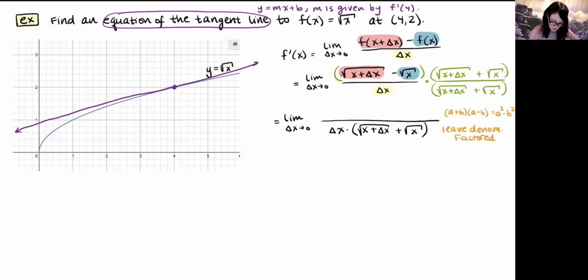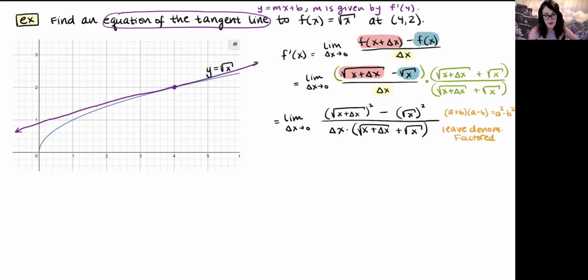So in other words, we're going to square the first thing. We'll get radical x plus delta x squared. That's playing the role of the a in the little formula I have over there. And then the b is radical x, so we'll square that too. And then it's always a minus in the middle.